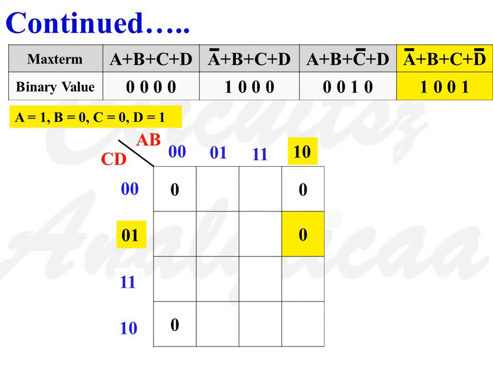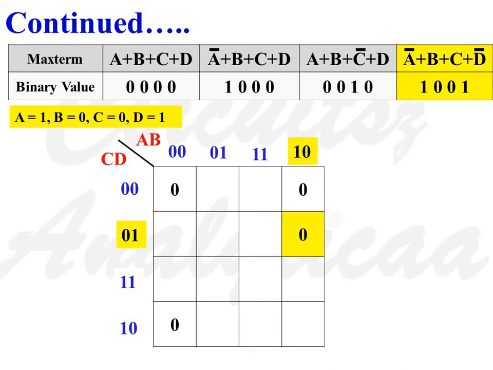The fourth sum term in the given expression is A bar plus B plus C plus D bar. As variables A and D are in complemented form, the corresponding bits are set as logic 1. As variables B and C are in true form, the corresponding bits are set as logic 0. So the binary value of this sum term is 1, 0, 0, 1.